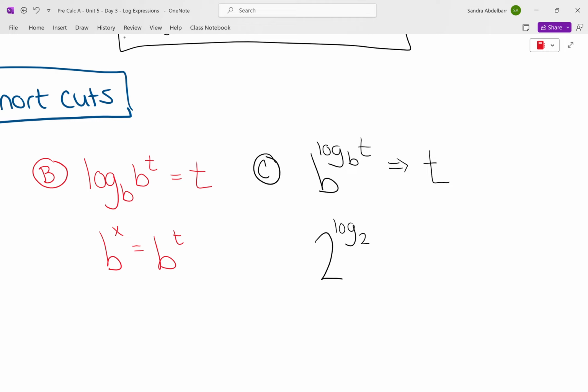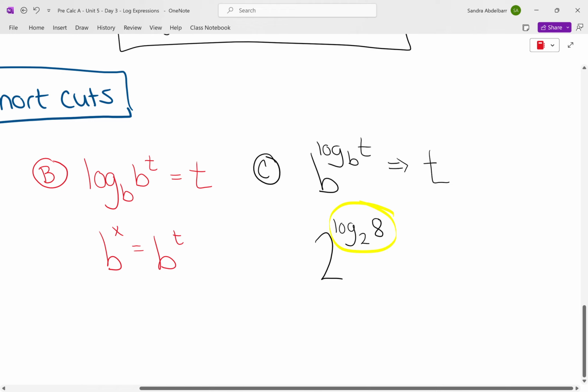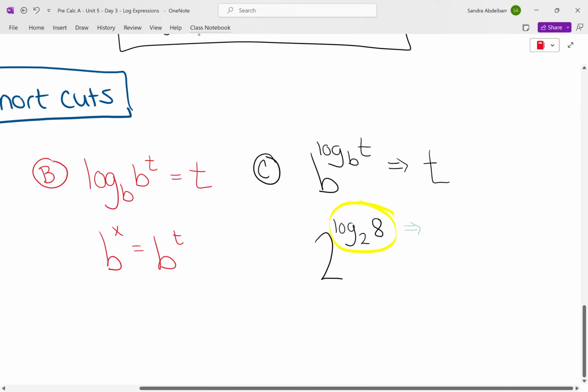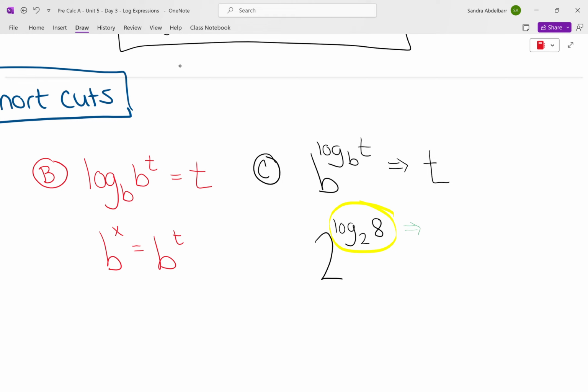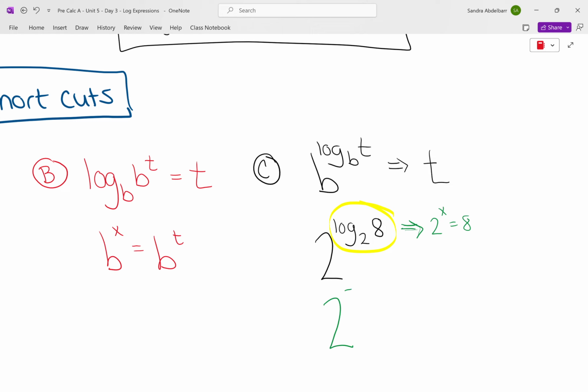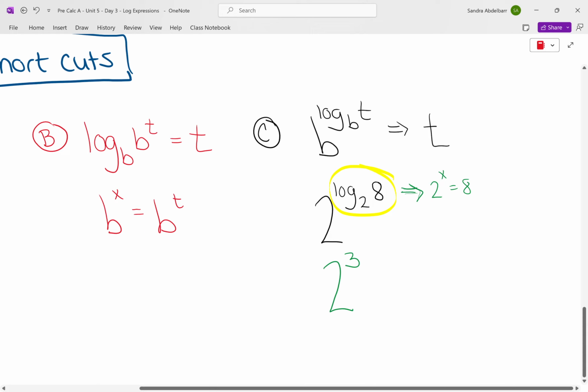If I have 2 raised to the log base 2 of 8, so what we're going to do is work with this exponent. If we're working with this exponent, we're going to have 2 to the x is equal to 8. Well, 2 to what is equal to 8? 2 to the third, right? So this becomes 2 to the third.